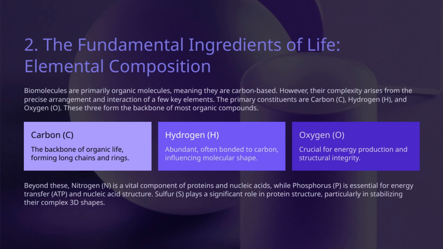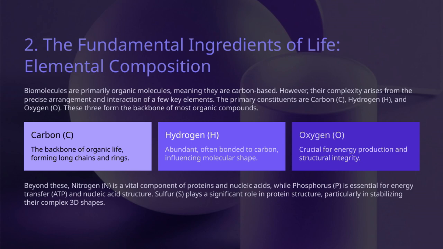Think DNA and RNA. Phosphorus, P, is equally important, especially for energy transfer, like in ATP, and for the structural backbone of nucleic acids. Sulfur, S, might not get as much attention, but it's essential for stabilizing protein structures. It helps maintain the complex three-dimensional shapes that proteins need to function correctly.